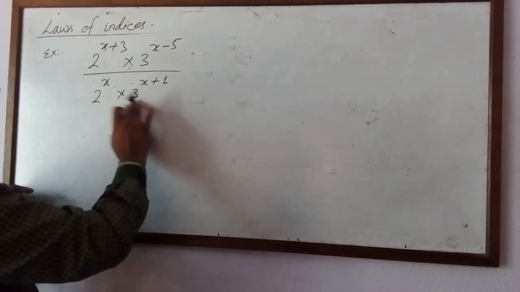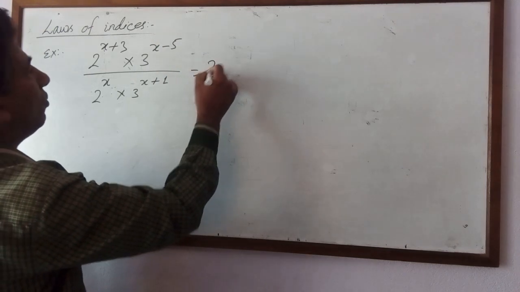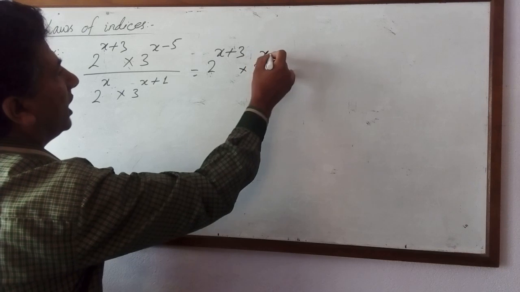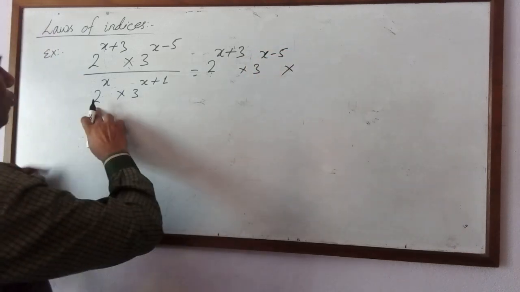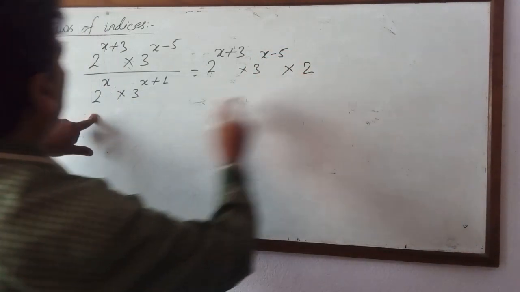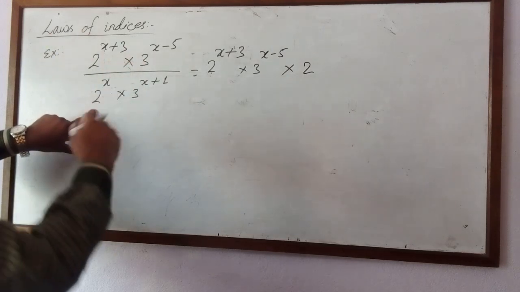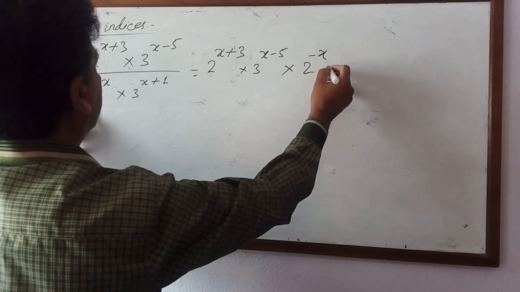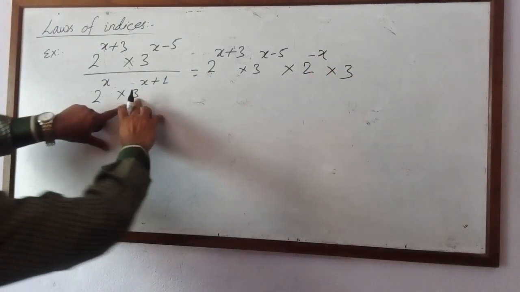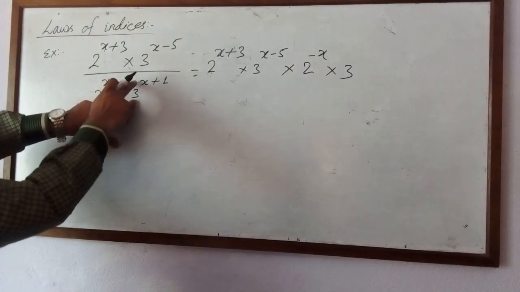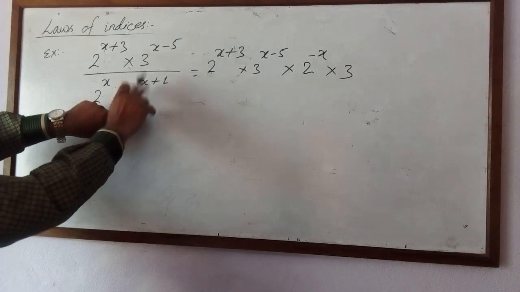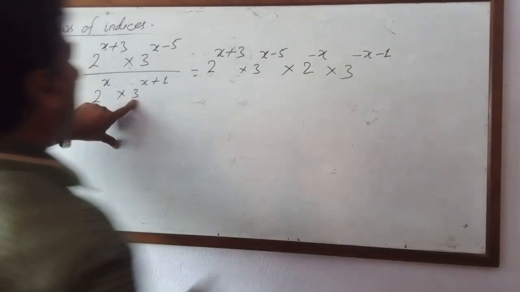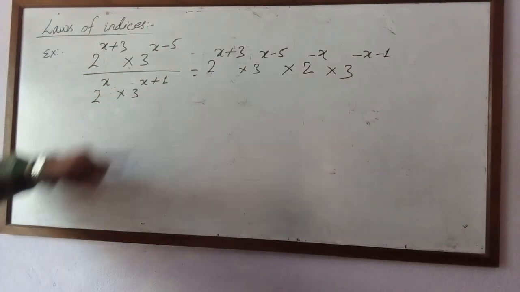Okay, I'll take these both up. 2 to the x plus 3 times 3 to the x minus 5 times this 2. When it goes up, it has power x, so it will be minus x. Times 3, which has power x plus 1. X positive, 1 positive, now both will be negative: minus x minus 1. Both signs will be changed.